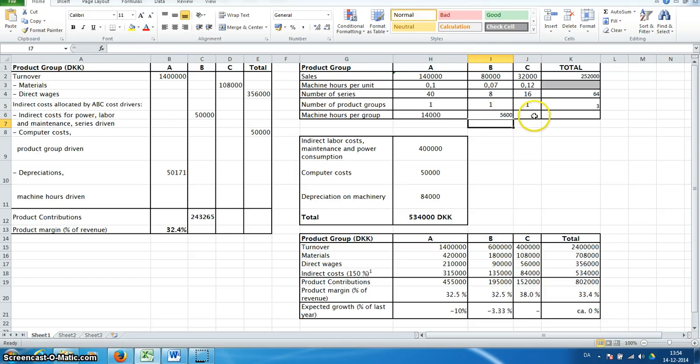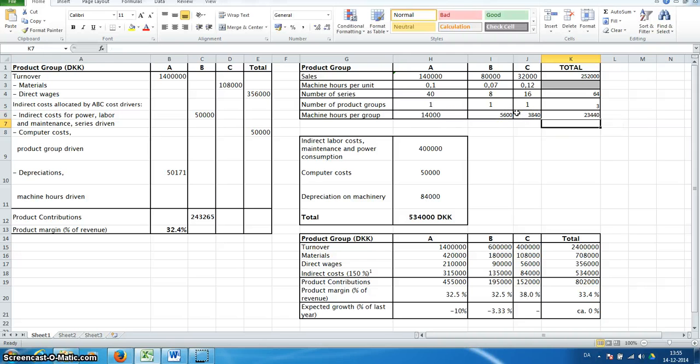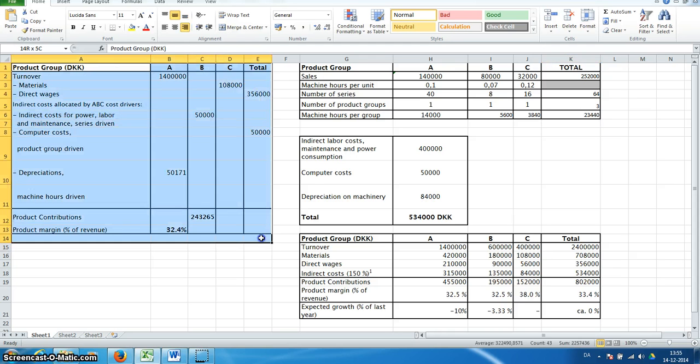So that's 5,600. And the machine hours for this product group will then be 3,840, and we can find the total number of machine hours across all three product groups, 23,400. Now we actually have all the information we need to fill in this table over here, which will result in a product margin.